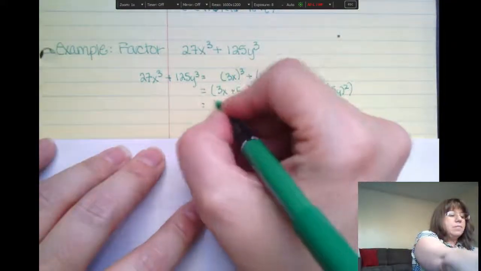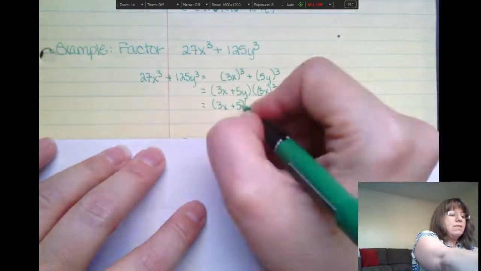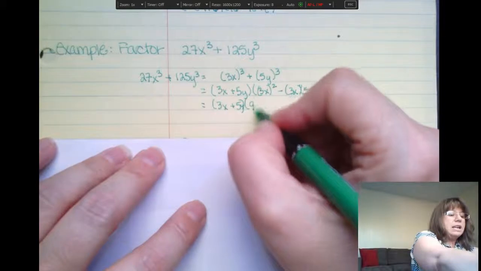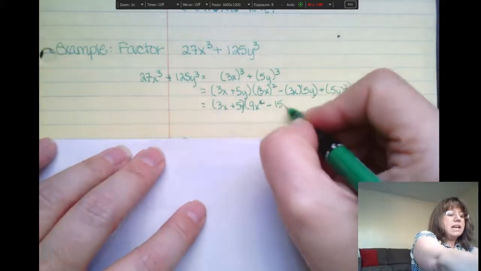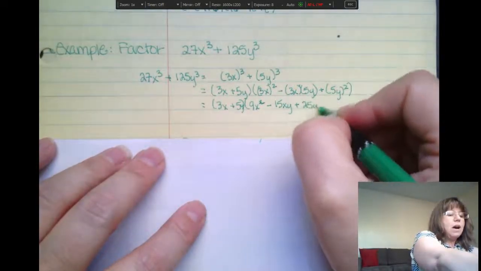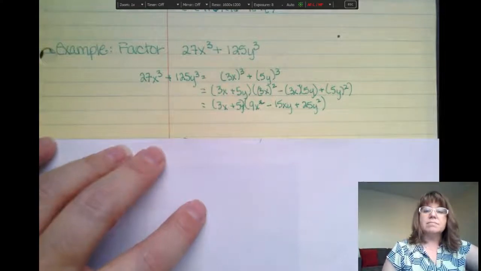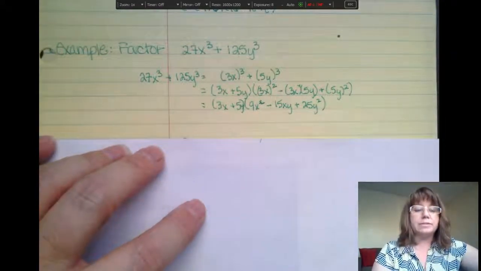So (3x plus 5y) times that will give me 9x squared minus 15xy plus 25y squared. Once you know the secret, it's kind of pretty simple and straightforward.